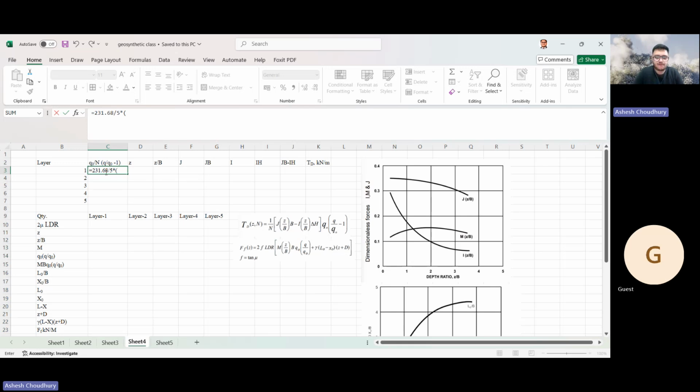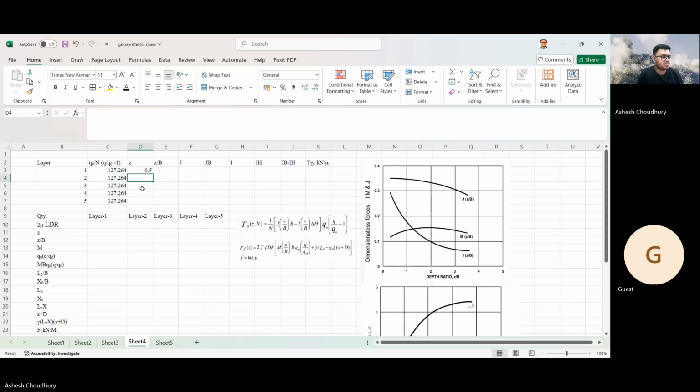Q is 850 by 213.68, which will be 127 point something. The rest I have kept the same, 0.5, 1, 1.5, depth is the same, 2.5. Now Z by B will change, because B is now 2.